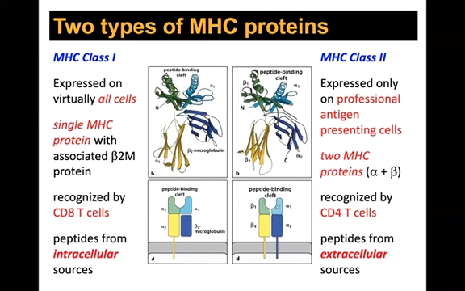And this has some implications for the number of different MHC that can be expressed on the surface, including mixing and matching of different alleles. MHC2 is typically recognized by CD4 T cells, and so the antigen presenting cells are sampling the environment, and then they're going to present it to CD4 cells so that they can become activated and direct the response. Okay, so it's presenting extracellular derived peptides.